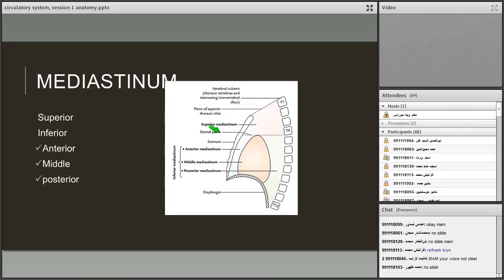The space which is higher than the sternal plane is called the superior mediastinum. This part is called the superior mediastinum. All the space which is inferior to the sternal plane is called the inferior mediastinum.